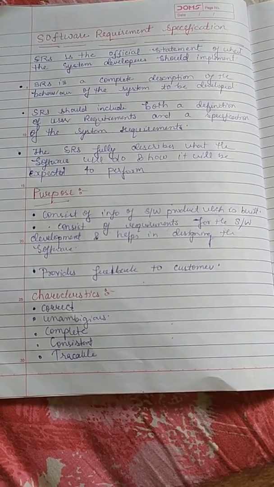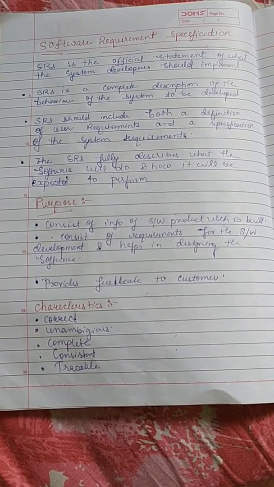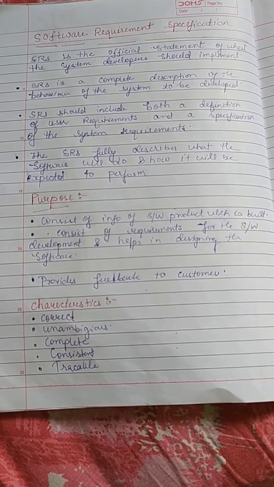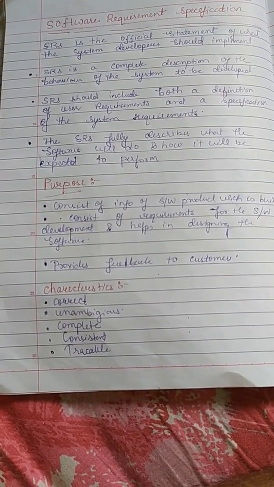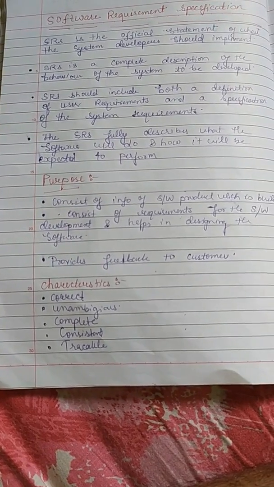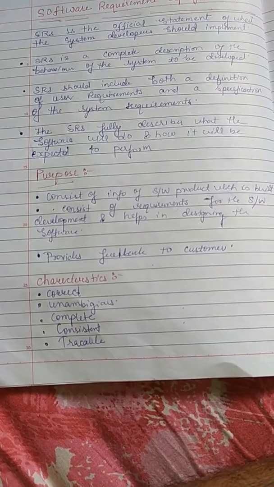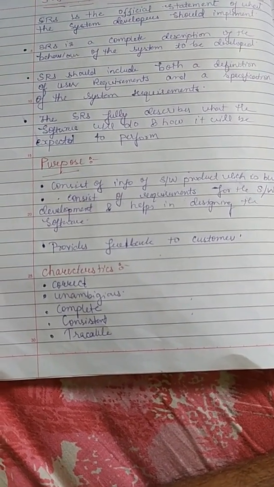Moreover, the characteristics of the SRS: it should be correct. The information mentioned in the SRS document must be correct and unambiguous. Unambiguous means the detailing we mention in the SRS document should be very clear and easily understandable for the customer as well as the client side.